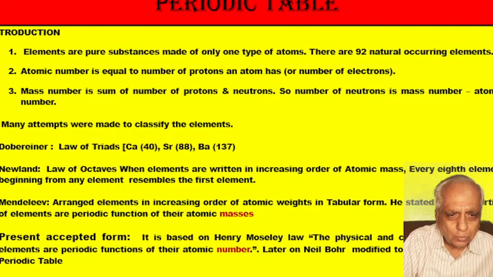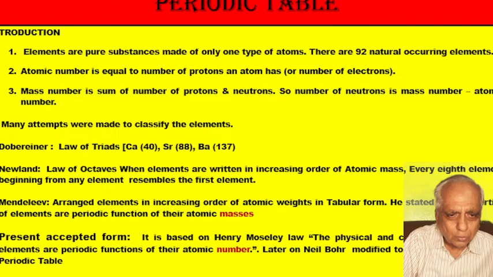Like calcium is 40, barium is 137, and in between comes strontium. If I take the average of 40 and 137, I will get around 88. So he said that if we keep elements of similar properties in increasing order of atomic mass, then the atomic mass of the middle is the average of the two.